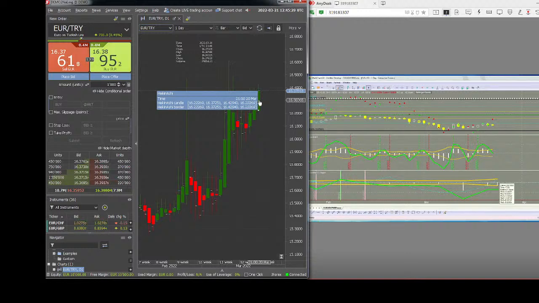The positive thing, I guess you could say, out of this bounce is you can see the blue line has made it through, but we're not seeing the green line and the histogram really show any real life in it. As long as this green line stays underneath this manifold, it's going to be like this again. It's going to find another way to roll over. And more than likely what will happen is the blue line will top out, pierce here, over in this area somewhere, pierce it, and that'll be the beginning of the slide again.